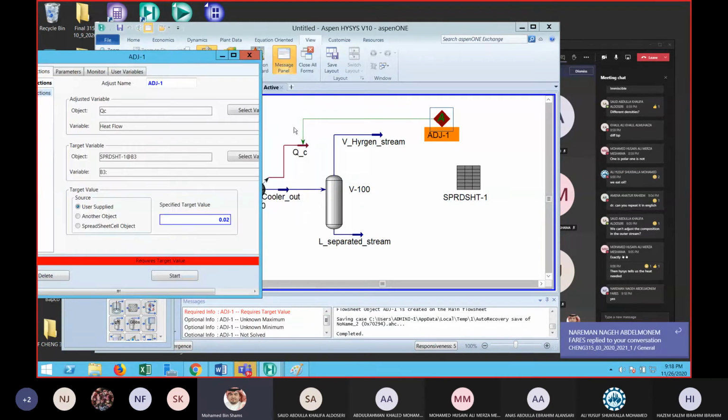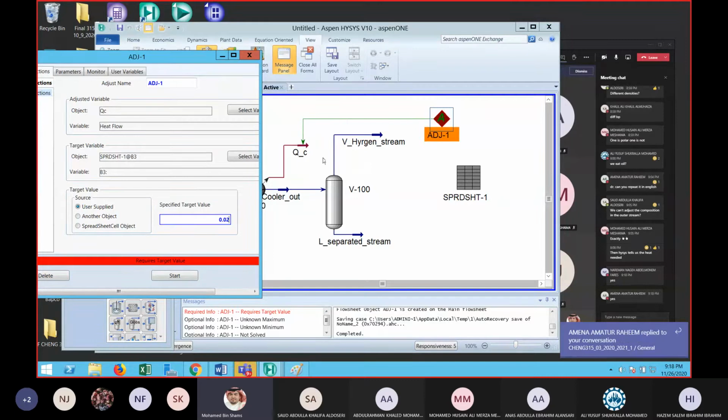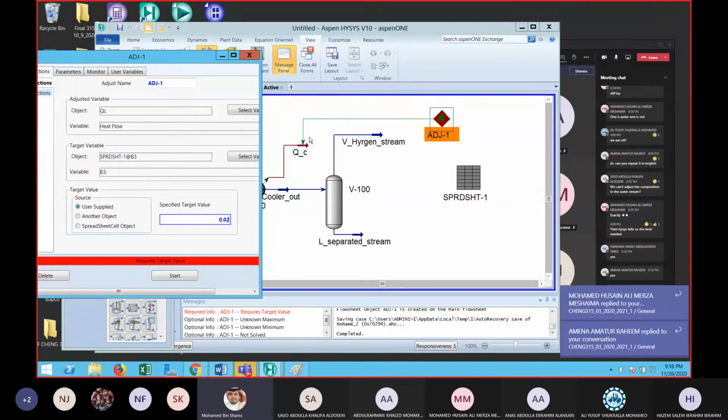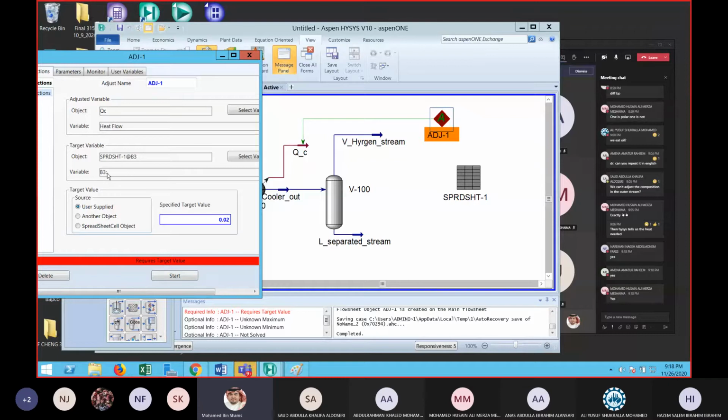I want you to adjust this Q. It made the connection right away. I want you to keep adjusting that, however you have to do that while your eye is on B3. And I want you to keep adjusting this QC until this B3 is equal to 0.02.